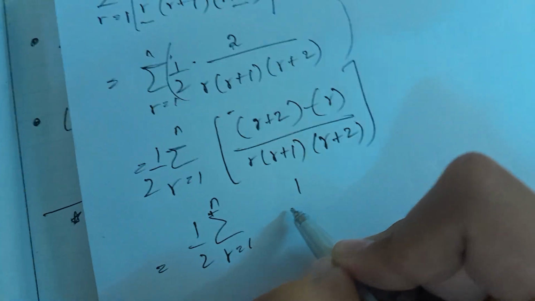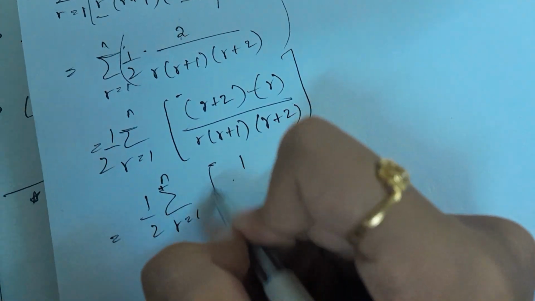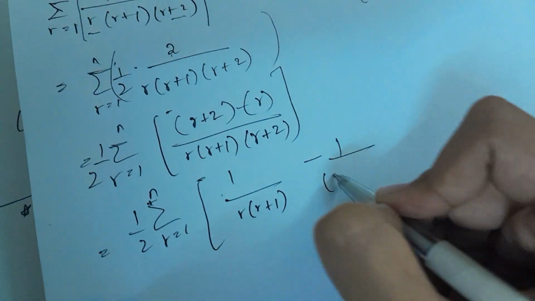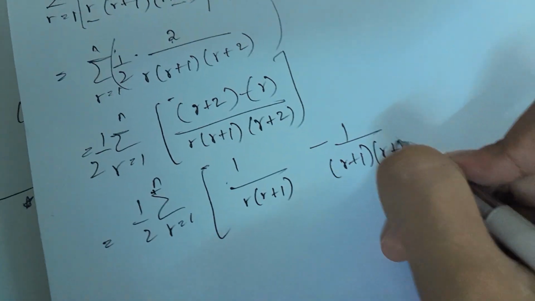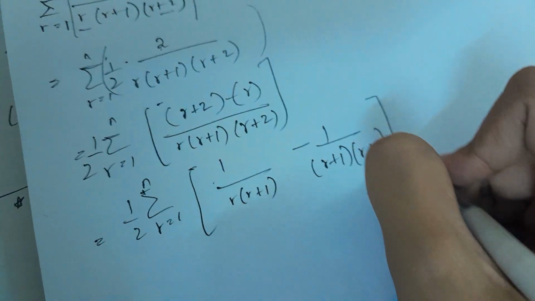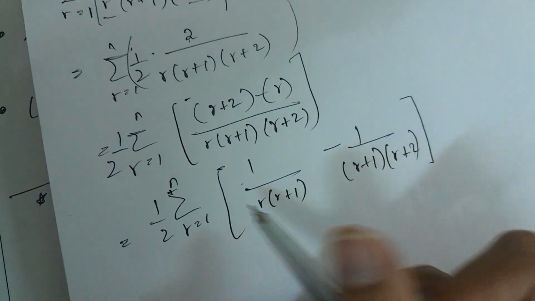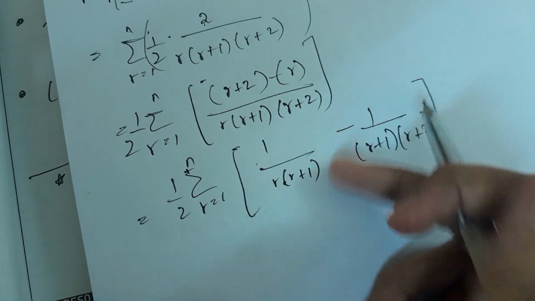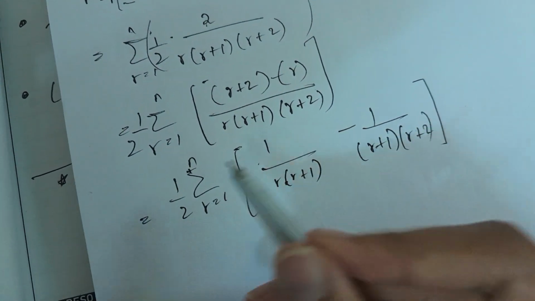Now you divide the terms. 1 over r into r plus 1 minus 1 over r plus 1 times r plus 2. So I hope you can notice that when you actually substitute the values, you get the terms cancelled and you only have the first and the last terms left.